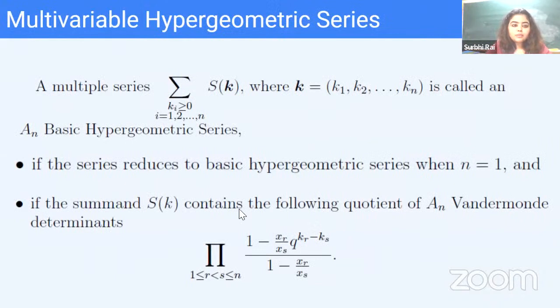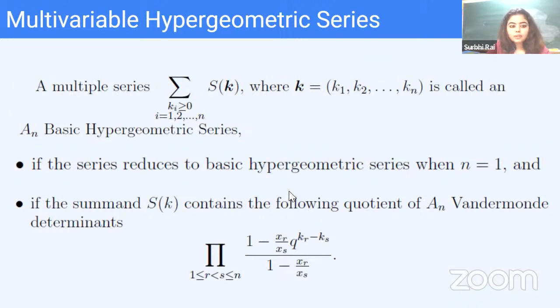So first of all, defining a multivariable hypergeometric series. It's a multiple series such that the summand S_k is a function of the n-dimensional index k. And to be an n-variable basic hypergeometric series, it needs to satisfy two conditions.